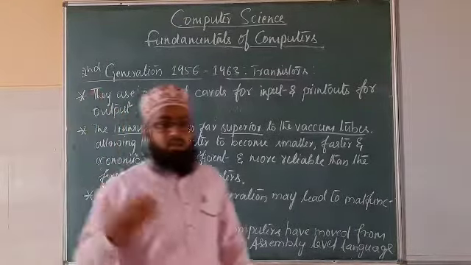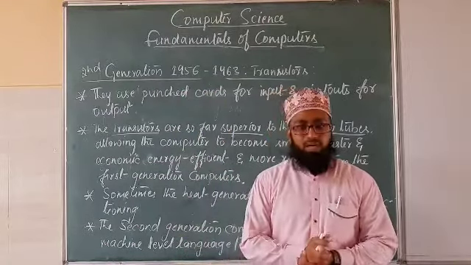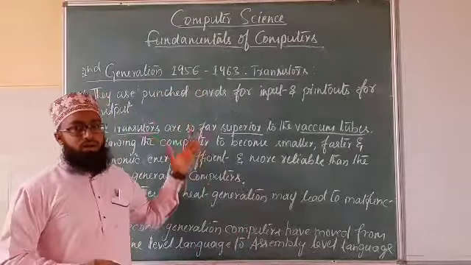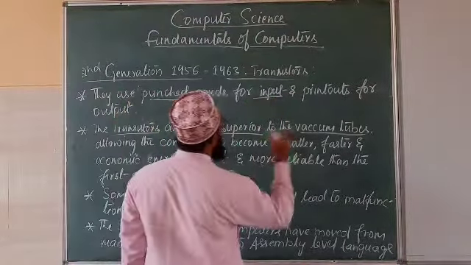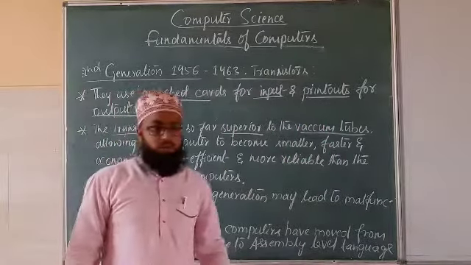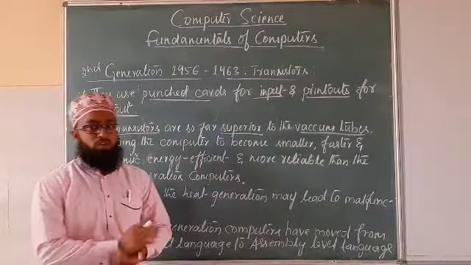As in the first generation, no changes were made in inputs and outputs. Punched cards are used for input and printouts are used for output. So these are the points regarding the second generation of computers.